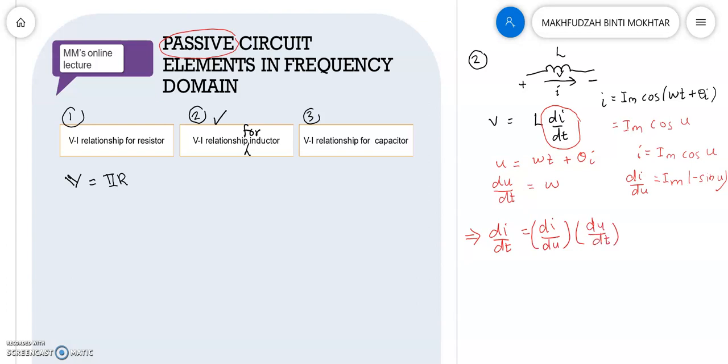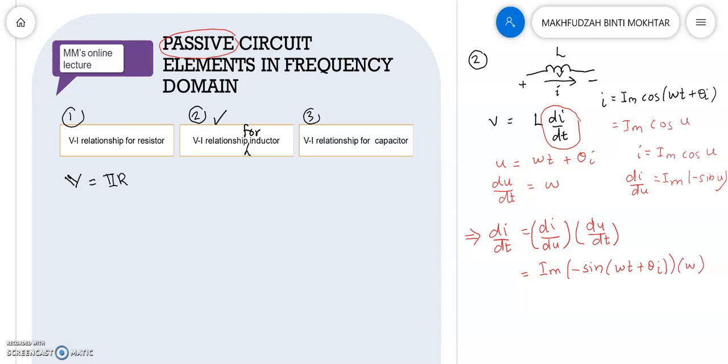Okay, and when I write this again, I have Im negative sine u. So I have negative sine, and I know that my u is omega t plus theta I. So I write this as the result of di du multiplied with du dt, and du dt is omega.